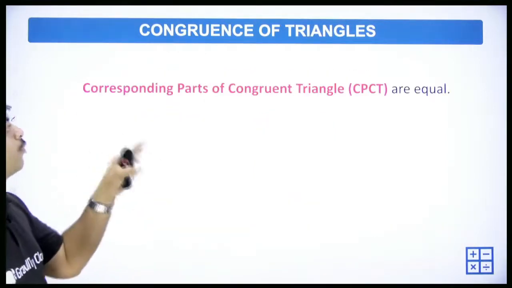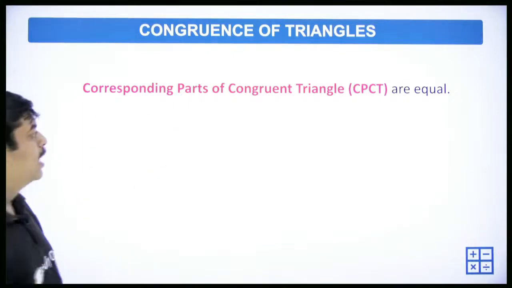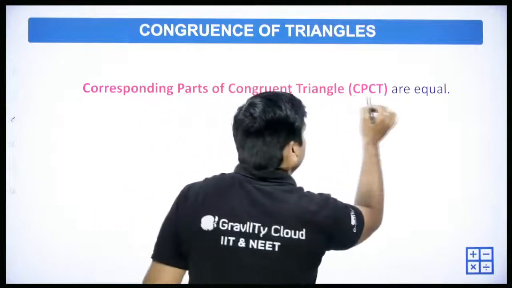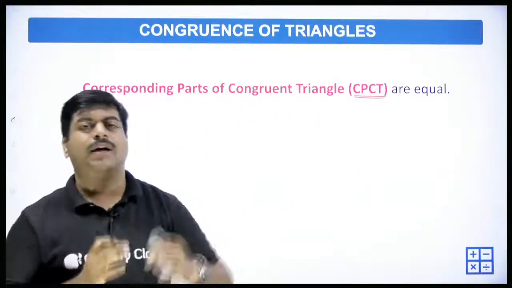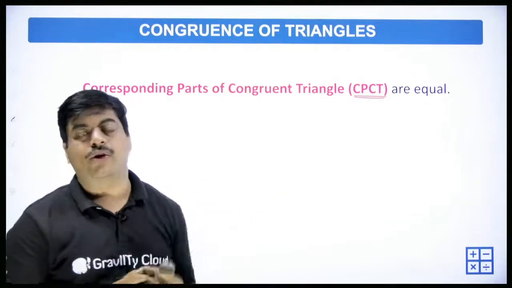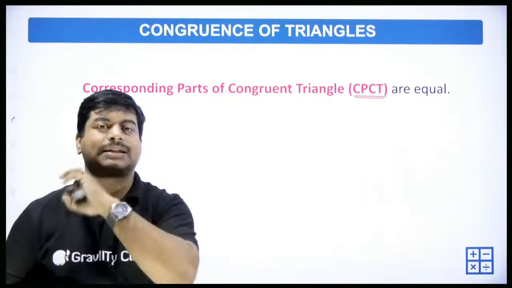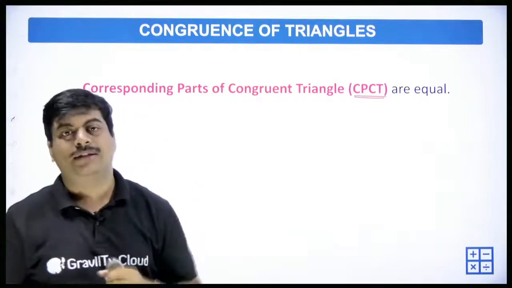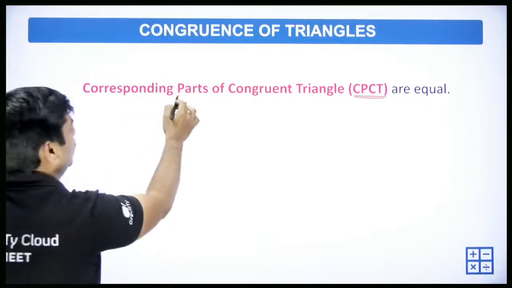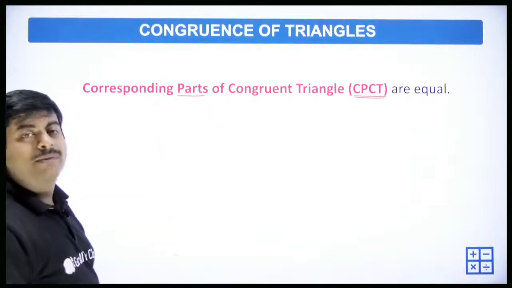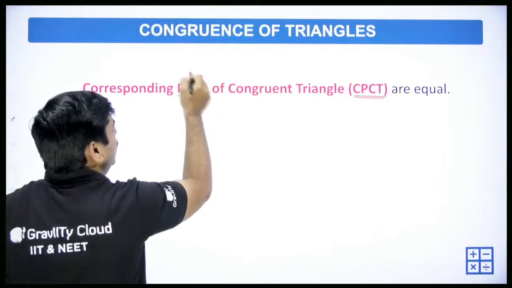Corresponding parts of congruent triangles are equal. What do you mean by that? We often use CPCT in many of the derivations or proofs we are going to discuss today. Sometimes we use CPCT directly without writing all these always. What does this property say? What do you mean by parts? Parts means, what parts will a triangle have?